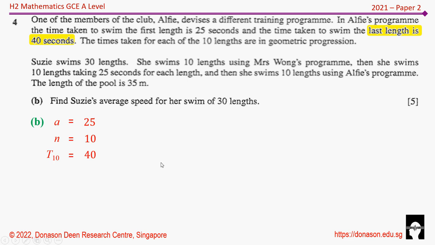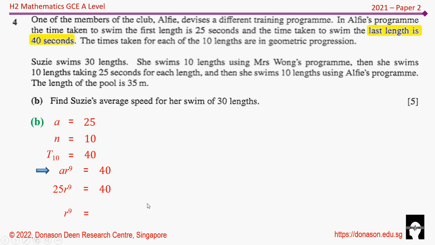Now what is T10? This is a geometric progression. The formula is a r to the power of n minus 1, where n is going to become 10. So a r to the power of 10 minus 1, which is 9, equals 40. And we already have a, which is 25. So let's put that in. 25 times r to the power of 9 equals 40.